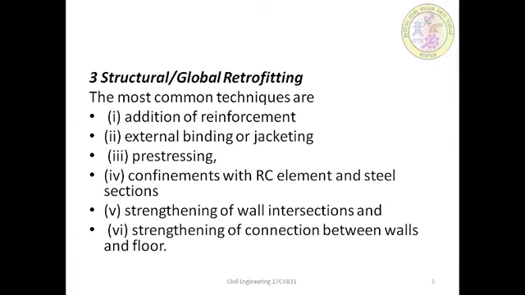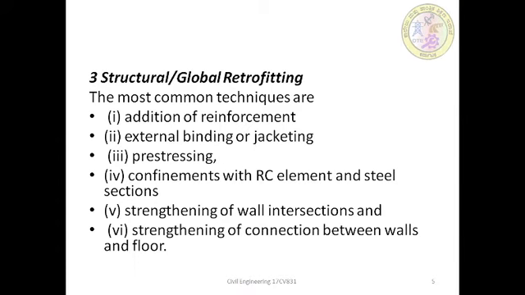Then structural or global retrofitting consists of improving the response of existing unreinforced masonry buildings to both gravity and seismic loads. It provides box-type behavior and increases the flexural strength of unreinforced walls and piers.